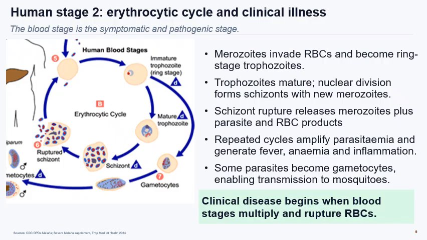Some parasites leave the asexual cycle and become gametocytes, which are important for transmission, but are not the main cause of the patient's symptoms. Link this morphology to the pathology. The ring forms, the trophozoite, the schizonts, the rupture, then the fever. Inflammation and anemia occur. The blood stage is therefore both the symptomatic stage and the principal pathogenic stage.